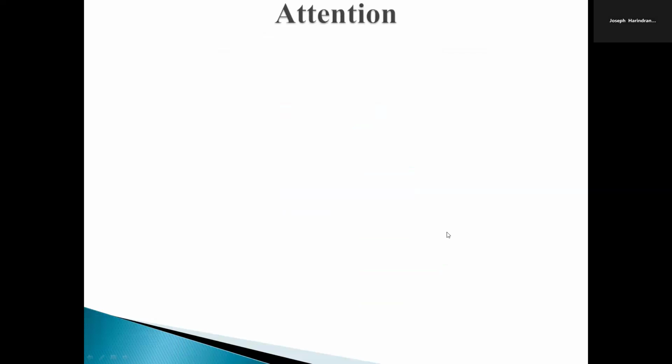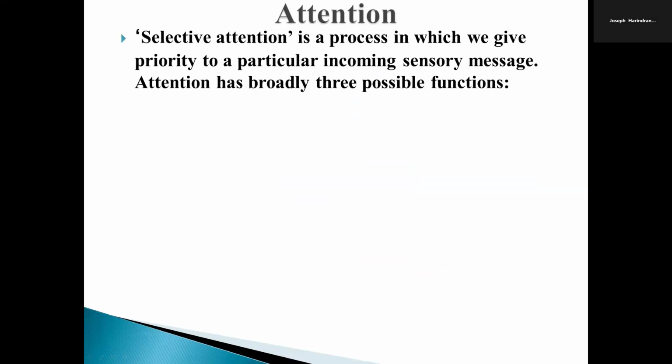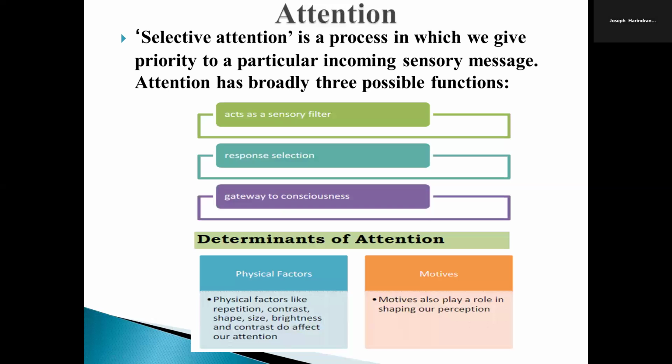Next, we see attention. Selective attention is a process in which we give priority to a particular incoming sensory message. Attention has broadly three possible functions: it acts as a sensory filter, response selection, and gateway to consciousness.